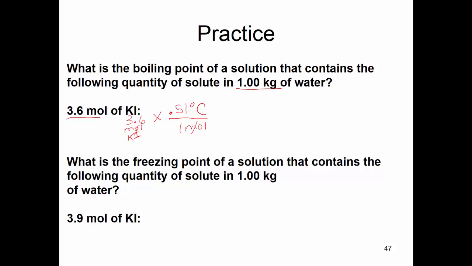The problem is what we mentioned earlier. If you have KI, these colligative properties depend on the number of dissolved particles. And remember, I told you that we have 2 dissolved particles for every mole. So the last thing we have to do is multiply by 2 mole particles, is what we call them.